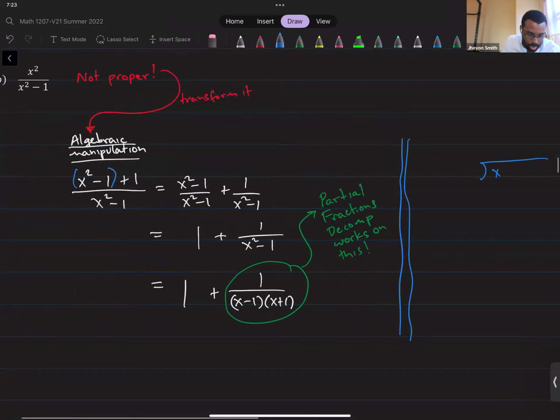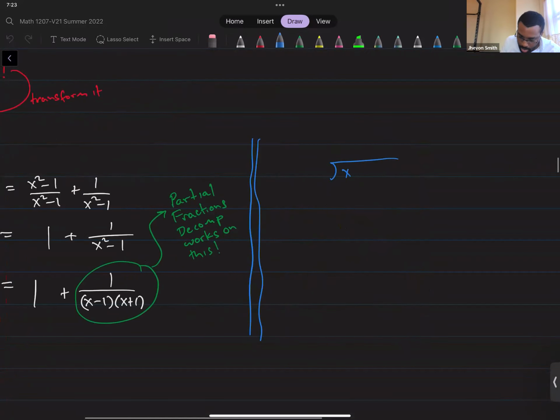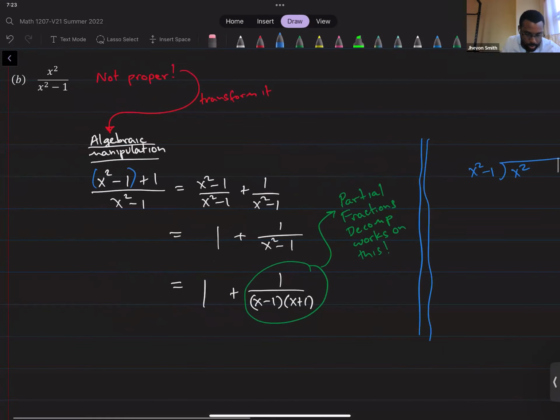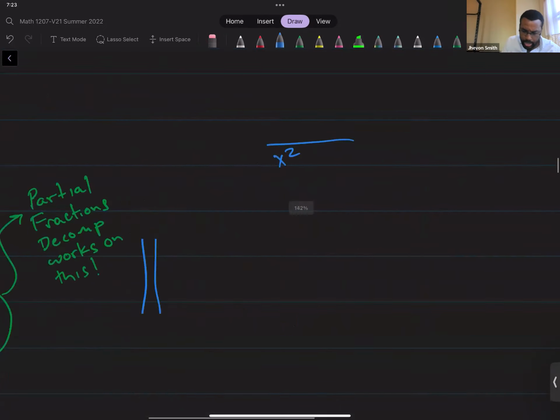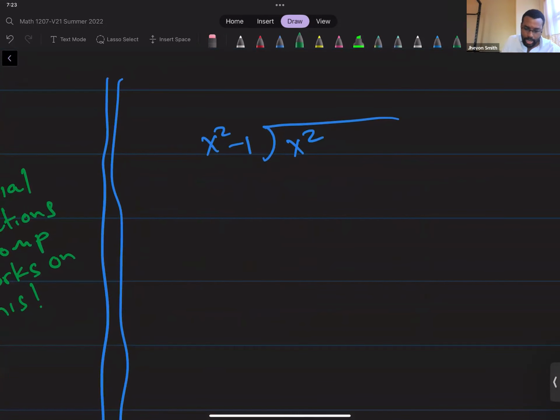So x squared minus 1 goes over here, dividing into x squared. You take the first guy into the first guy, x squared divided into x squared goes 1, take that 1, multiply everybody there. Subtract that line, that cancels that, and minus a minus 1 gives me plus 1. That's my remainder.